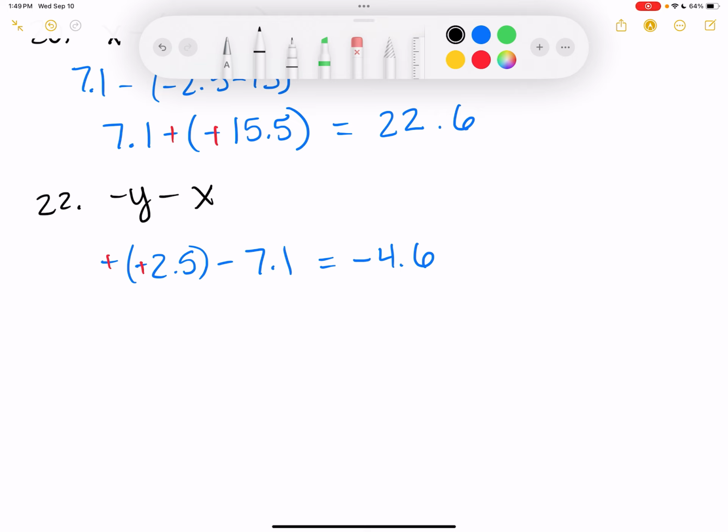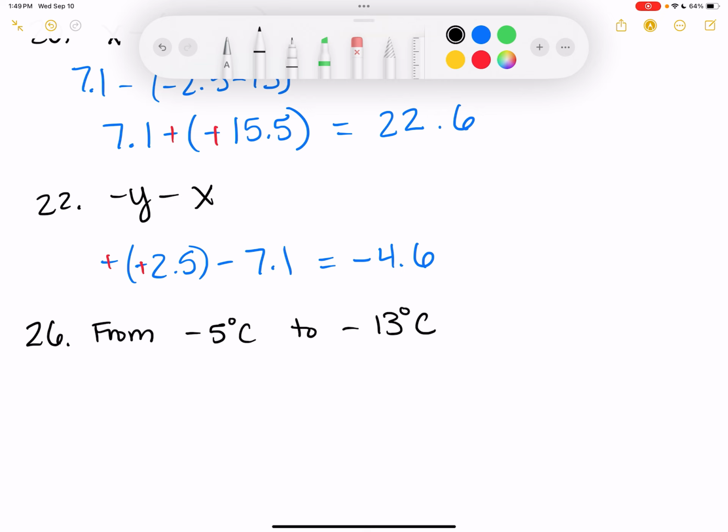All right, find the change in temperature or elevation. Number 26. From negative 5 degrees Celsius to negative 13 degrees Celsius. What is the difference in these two numbers?